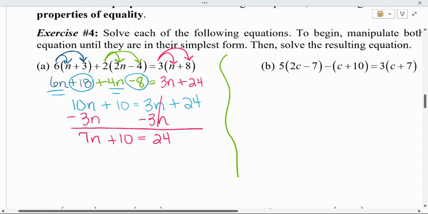All right. Miss Kenna, what do you want to do next? Minus 10 from both sides. So 7n equals 14. Michelle, last step.